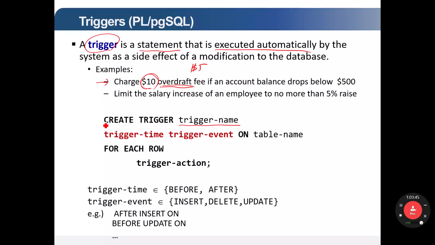So how can we implement that trigger? Syntax is given here. Usually you define the trigger name after this create trigger construct, and after the trigger name you need to specify when you want to execute this trigger, or on which event you want to trigger this procedure. And this event should be on a specific table.